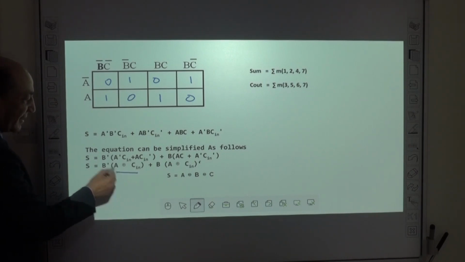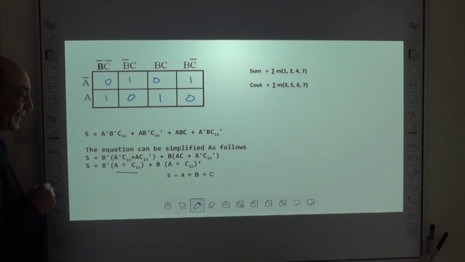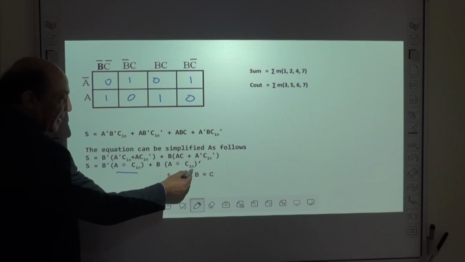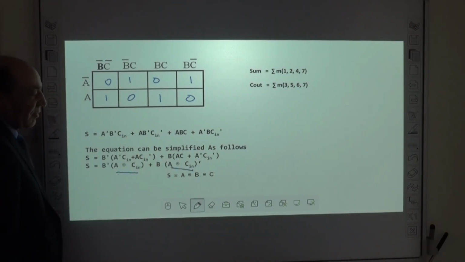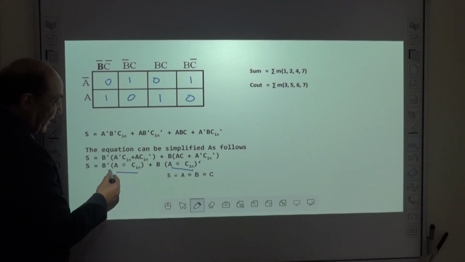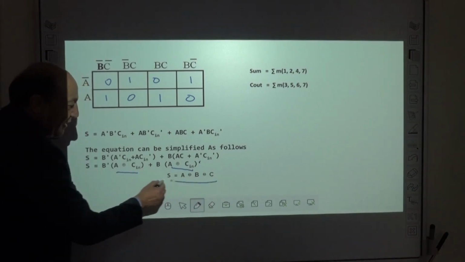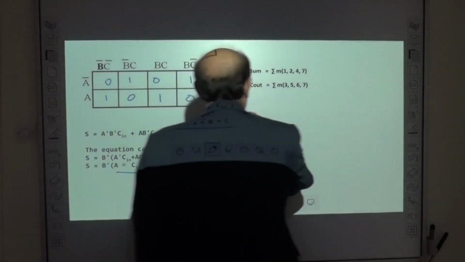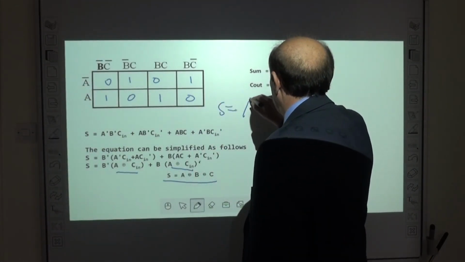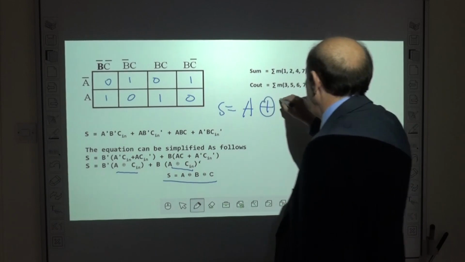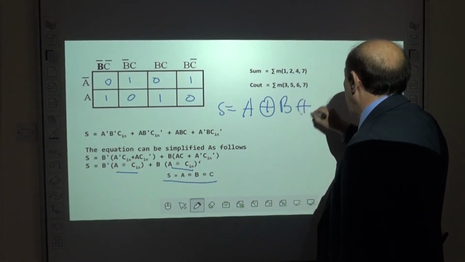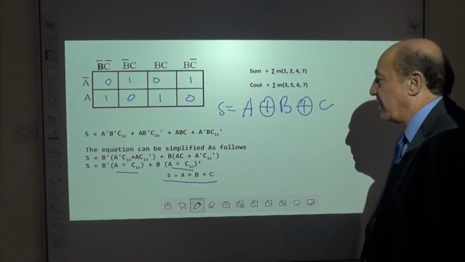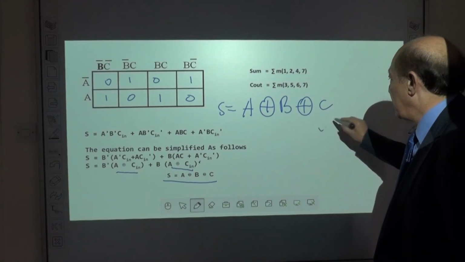This is exclusive OR of A and C, and this is exclusive OR of A with C. So finally we can see that sum equals A exclusive OR B exclusive OR C. This is the expression for sum.